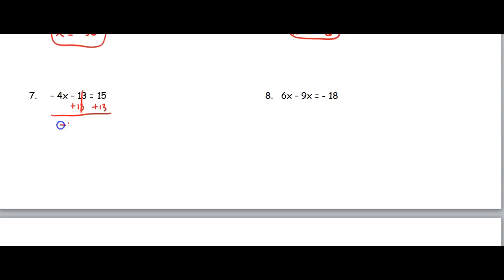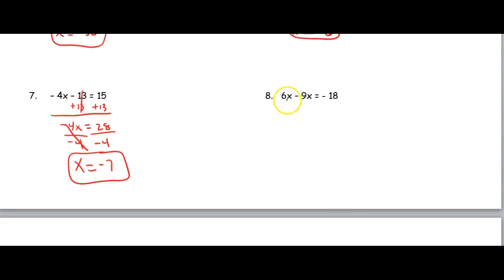The 13s eliminate, and I'm left with negative 4x on the left side. 15 plus 13 gives you 28. Now, how do I get rid of that negative 4? Negative 4 and x are linked by multiplication, so I undo multiplication using division, and I'm left with x equals negative 7. Remember, we always undo addition or subtraction first, then multiplication or division.